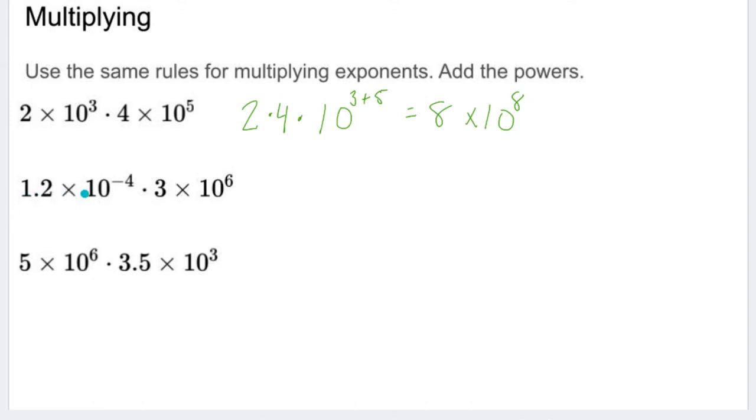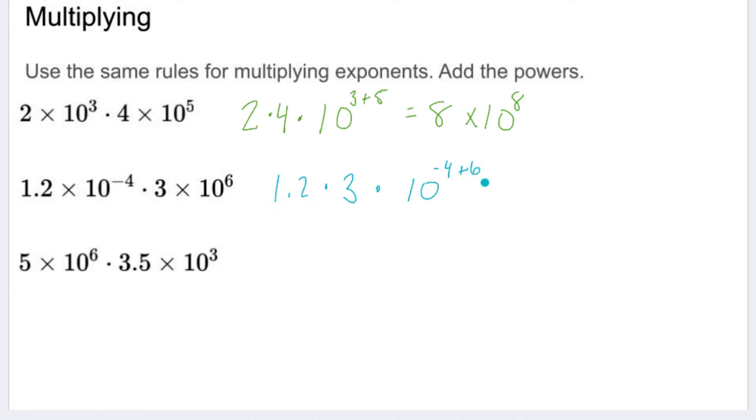Here we have 1.2 times 10 to the negative 4th, an incredibly small number, times 3 times 10 to the 6th, a very large number. So we're going to reorganize these again: 1.2 times 3. We're doing this because these are like terms, right? They don't have an exponent. Times 10 to the negative 4 plus 6, because that's the rule.